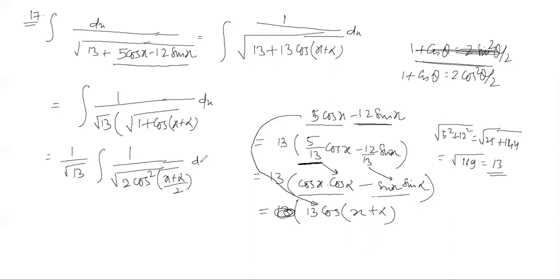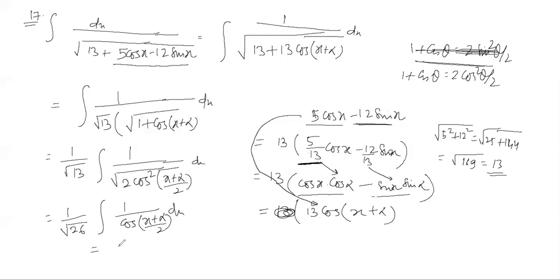Alright, very good. Again taking root 2 common outside, this would be root 26. And here root of cos square would be cos of x plus alpha upon 2 dx.